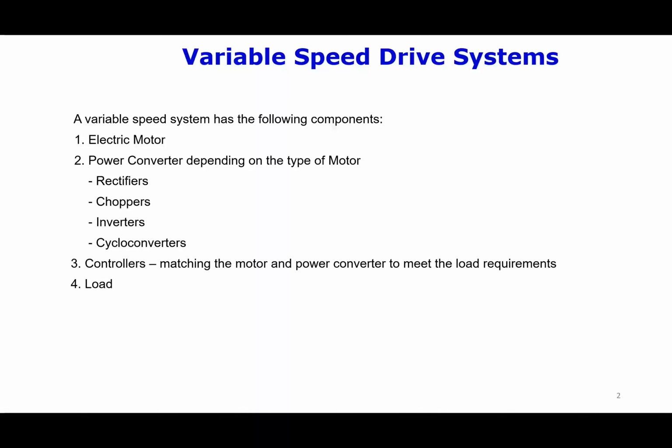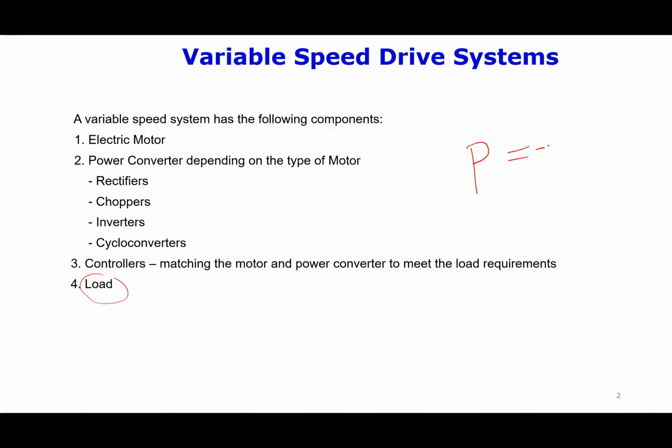Then we need to understand the load, because the load characteristics depend on the way the motor is selected and also the power electronic system. So the load torque determines the motor torque. And the load torque and speed together will determine the power that is required from the motor.